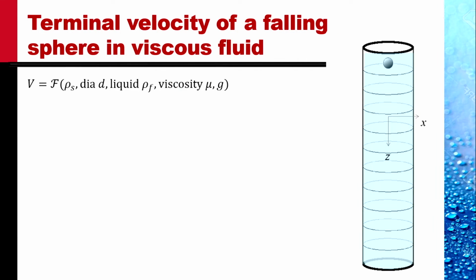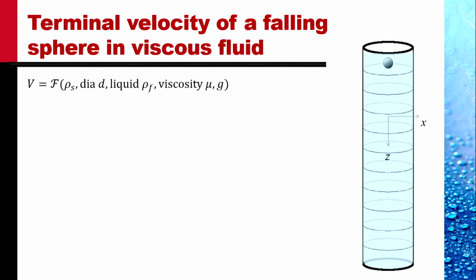Let's do another example where we will use physical information to simplify the expressions that we obtain through dimensional analysis. Let us consider the terminal velocity of a falling sphere in a viscous liquid.